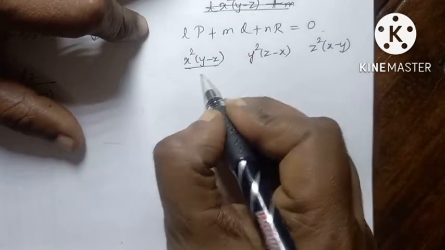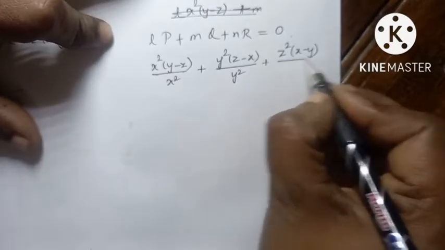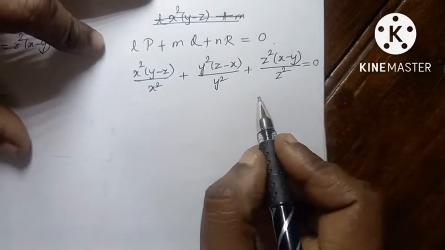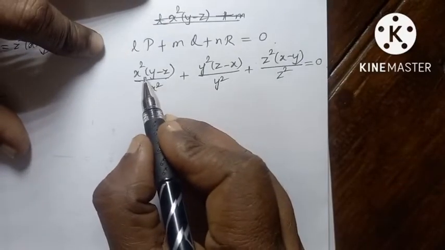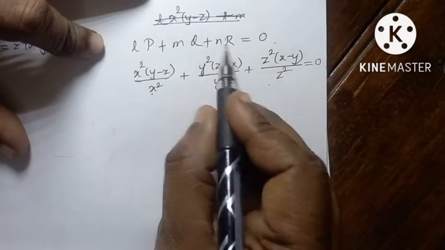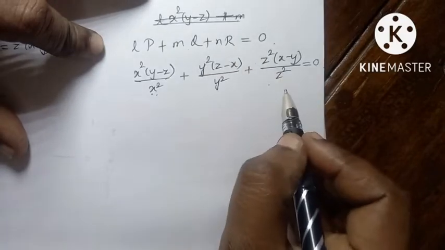So if I divide this by x square, this by y square, and this by z square, my answer will become 0. So one set of multipliers is 1 by x square, 1 by y square, 1 by z square. l is 1 by x square, m is 1 by y square, n is 1 by z square.